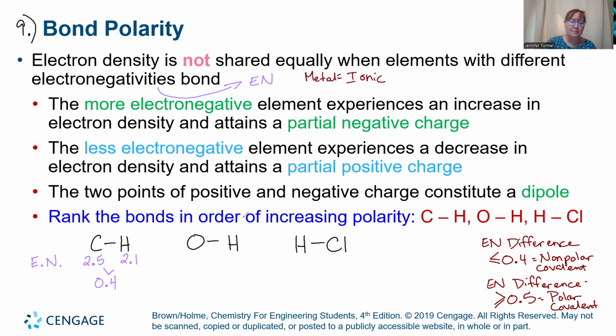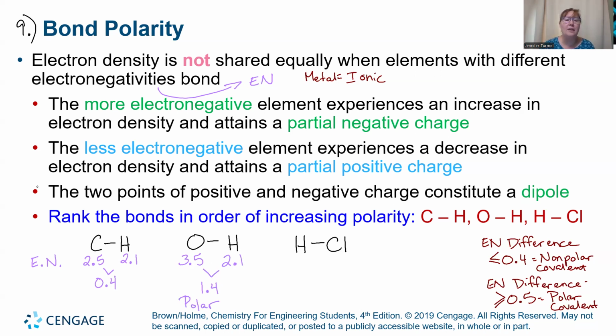Now, from that periodic table that we had on the previous slide, our oxygen has an electronegativity of 3.5, and our hydrogen has an electronegativity of 2.1. So we can see that this one is 1.4. So this one is definitely going to be polar. And now remember, it says partial negative and partial positive charge.